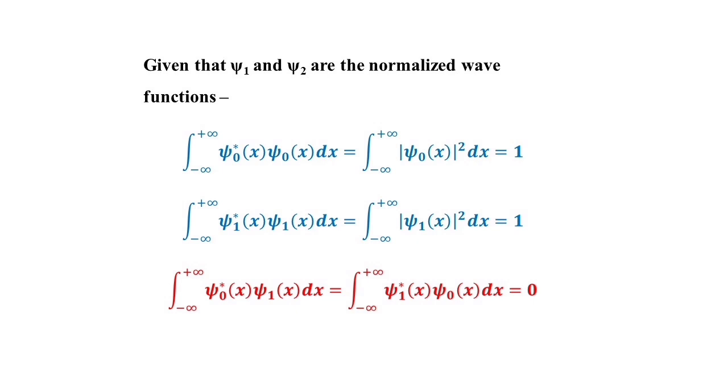But we can also write integration from minus infinity to plus infinity psi naught star x psi 1 x dx equal to integration psi 1 star x psi naught x dx equal to 0.